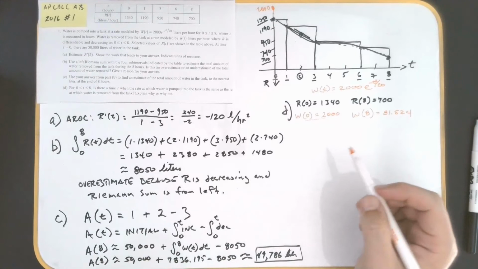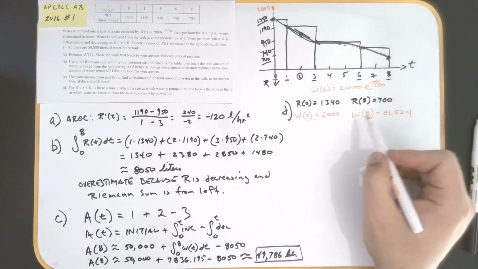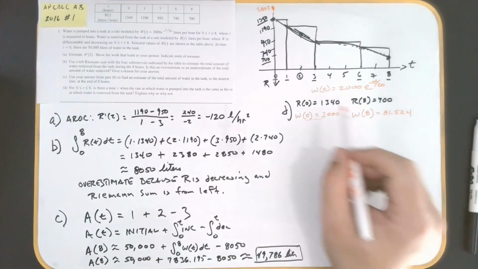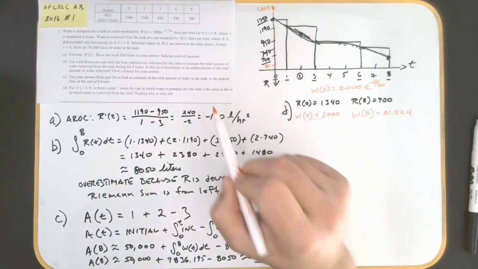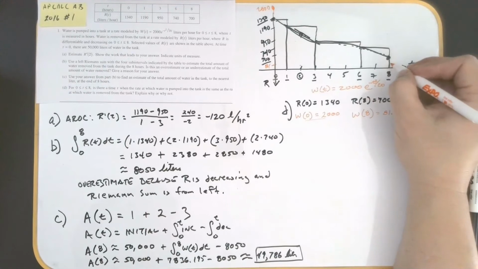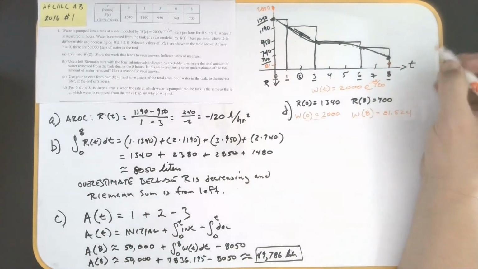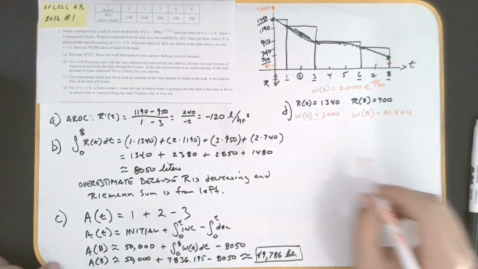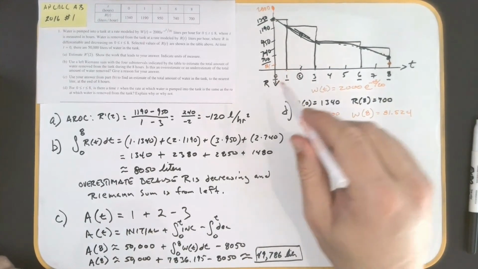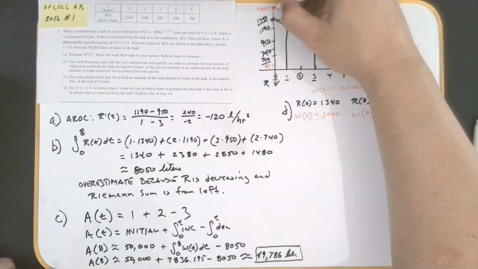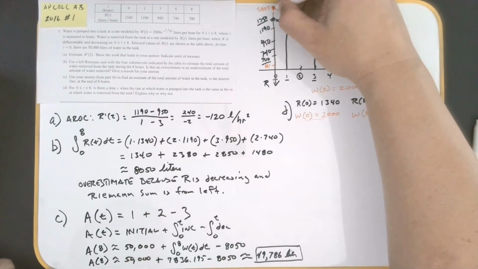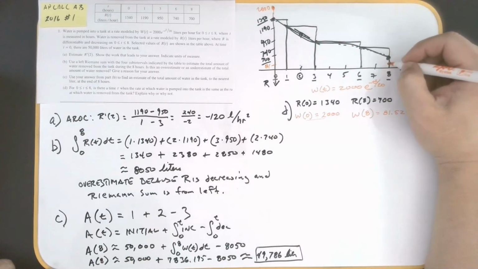And then this point here that is 81.5, that would be down here somewhere. I'm just going to put an 81, and at 8, it would be about right there. So here's what I know would happen. If I was to graph the function for the rate the water is being pumped in, it's going from 2000 at the beginning of the day down to 81.